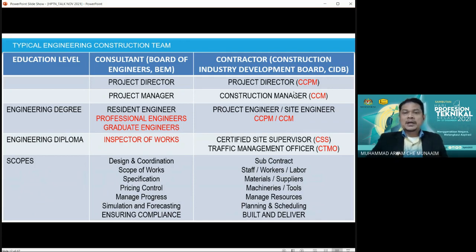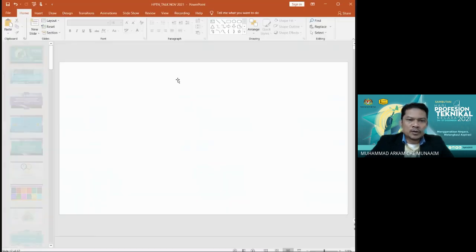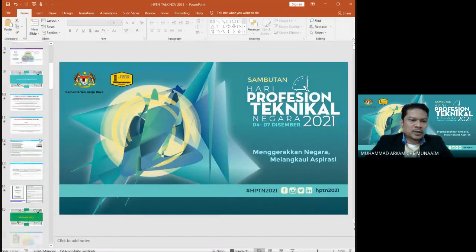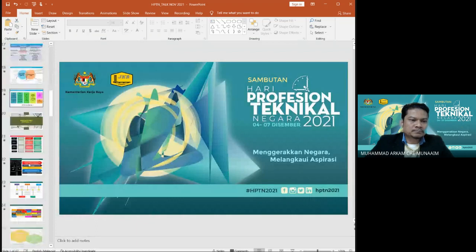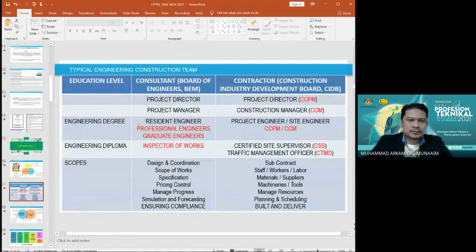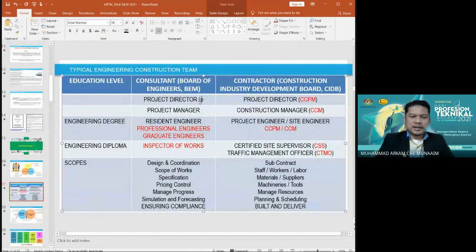The experience can be assessed through the CCM program, Certified Construction Manager, and CCPM, Certified Construction Project Manager. And for the project director, of course, we want them to be a CCPM. If you want, we can put an additional one here, PEPC, for example.